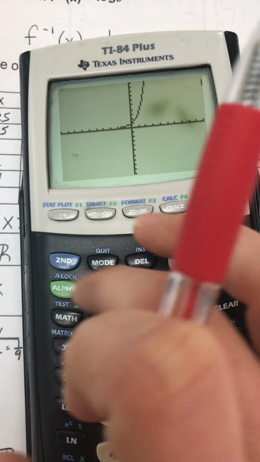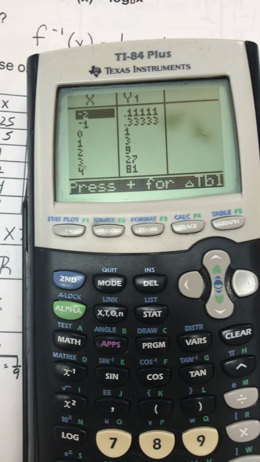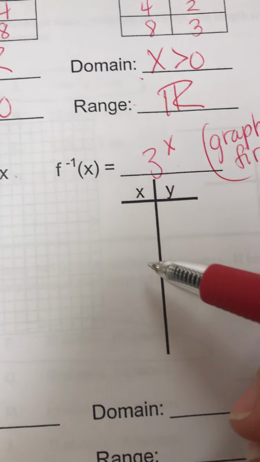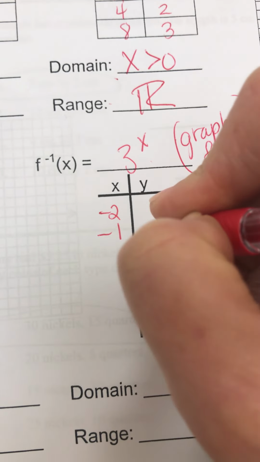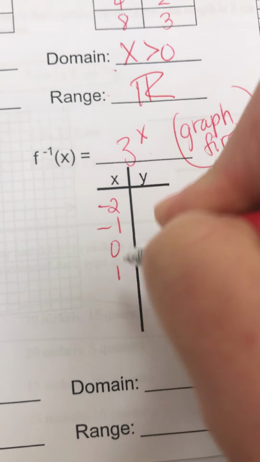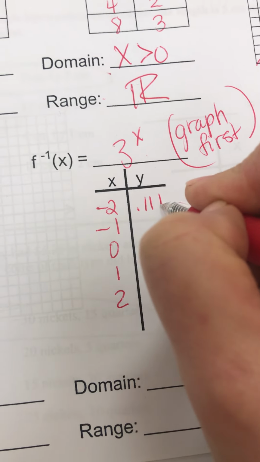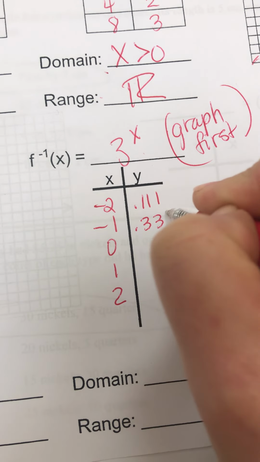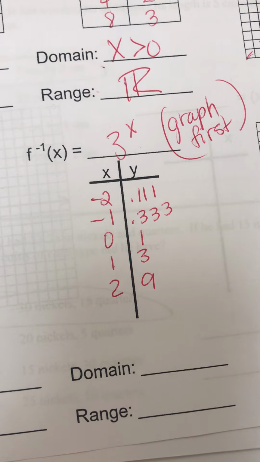And now I'm going to go to my table, and I'm going to put my points that I get into my chart over here. So -2, -1, 0, 1, and 2. 0.11, 0.33, 1, 3, and 9.